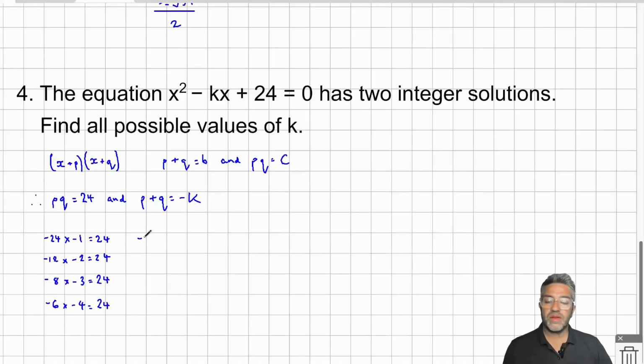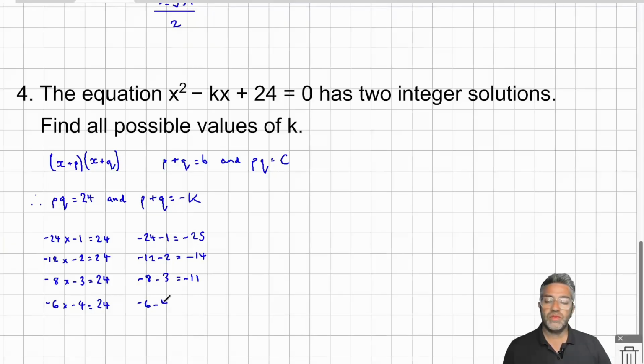Well, negative 24 subtract 1 equals negative 25. Negative 12 subtract 2 equals negative 14. Negative 8 subtract 3 equals negative 11.